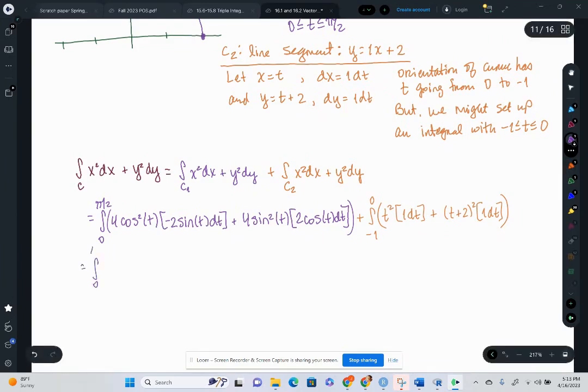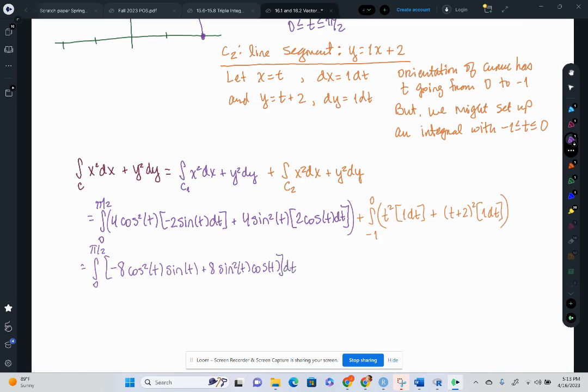The integral from 0 to pi halves of -8 cosine squared of t sine of t plus 8 sine squared of t cosine of t, and then close that and I have my dt.